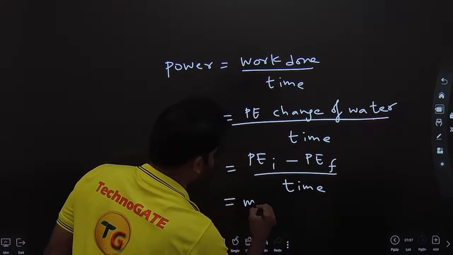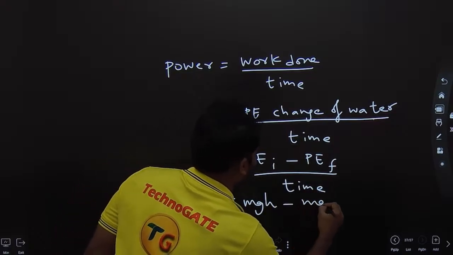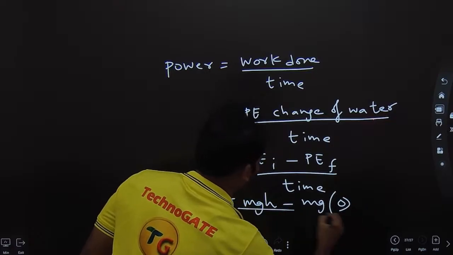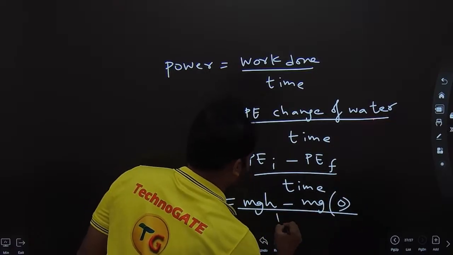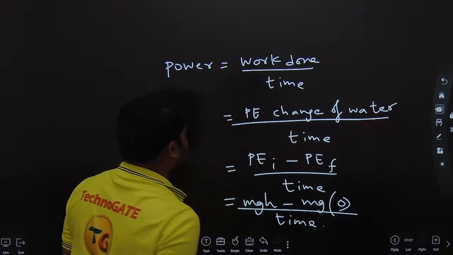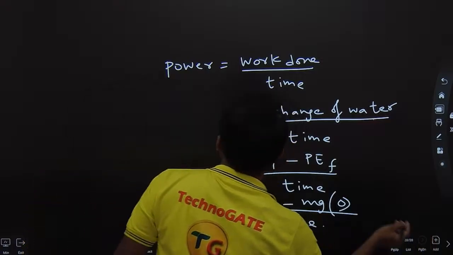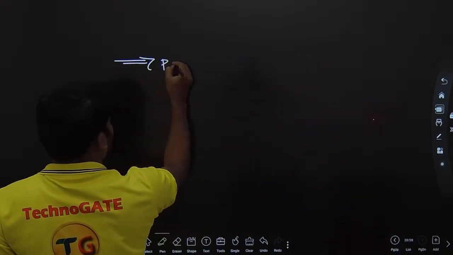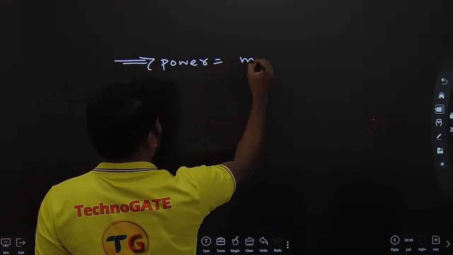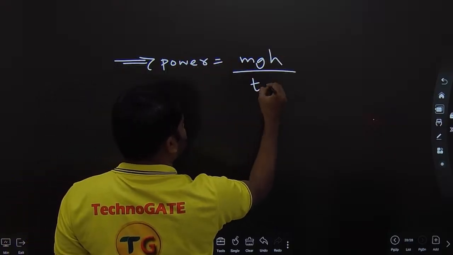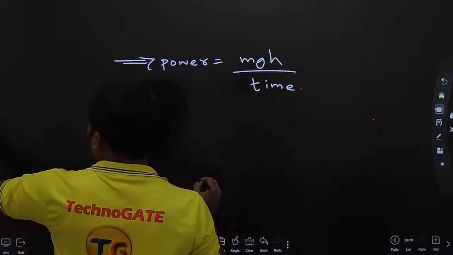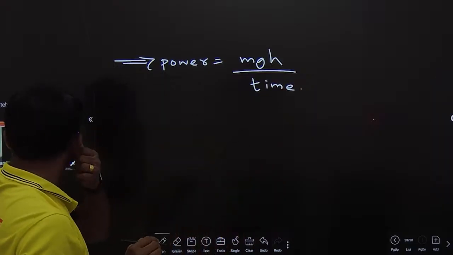Potential energy formula is mgh minus mg into 0 because it is falling on the ground surface, divided by time. So you see here that power value is equal to mgh by time. The power value is coming out to be mgh by time.